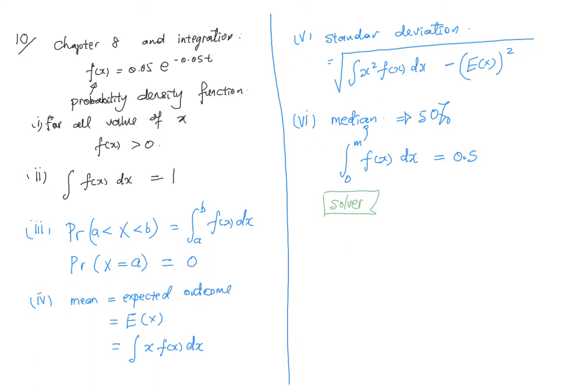Can I go to question 10 now? Okay, question 10, the first part, A. The question asks you to calculate the probability that a randomly chosen individual's time is between 0 to 10 minutes in the entire queue.